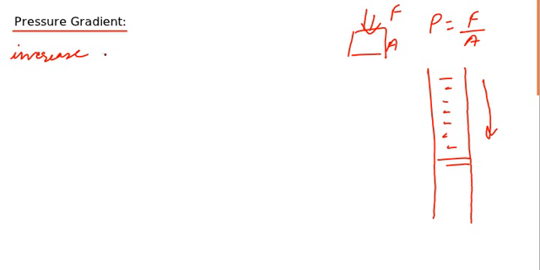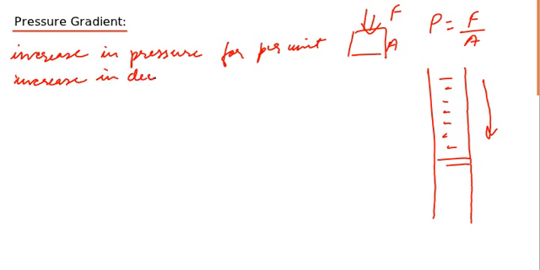Pressure gradient is the increase in pressure per unit increase in depth, and here depth is vertical depth, true vertical depth.